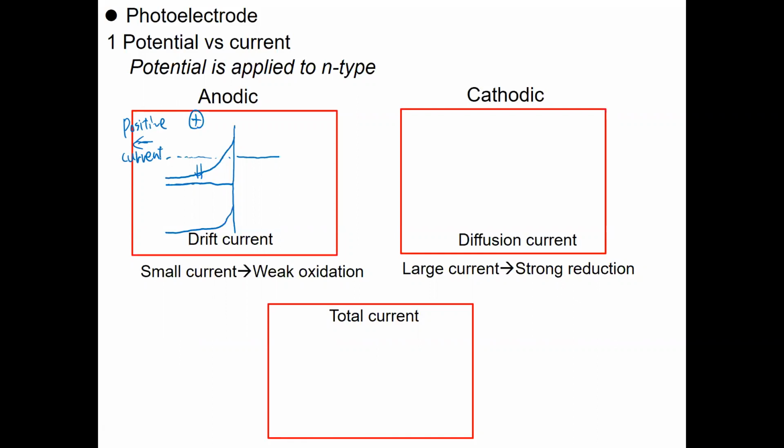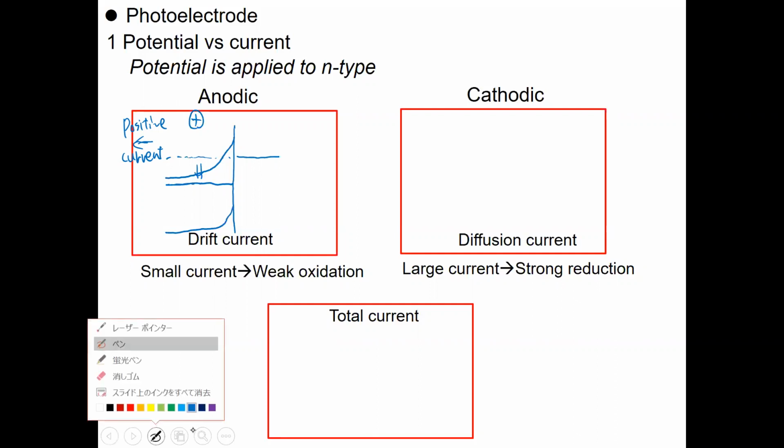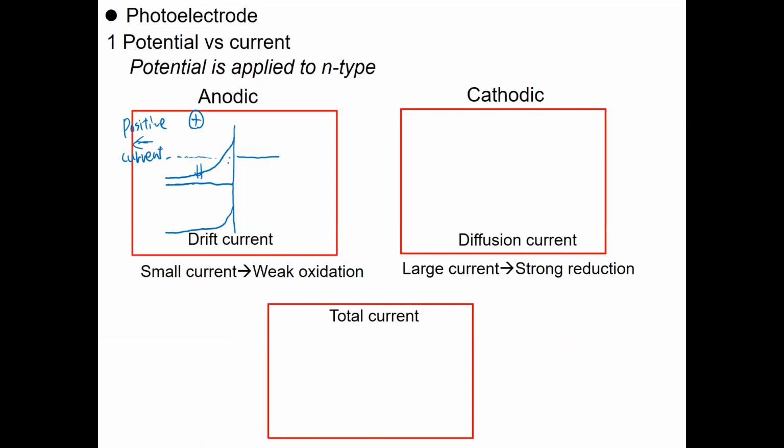And in this situation, as we studied, some of the charges are excited in the N-type semiconductor due to the thermal excitation, but very minor, very small, but it's going to the positive current.